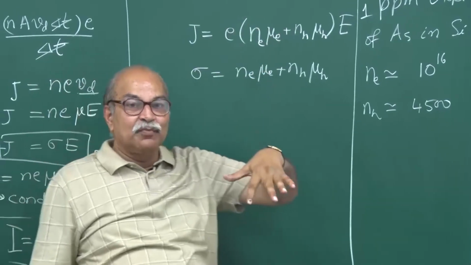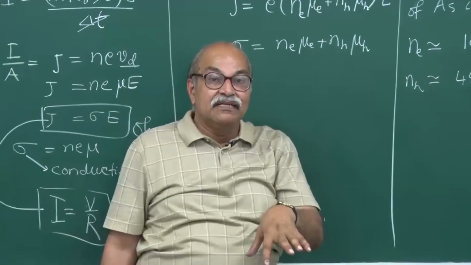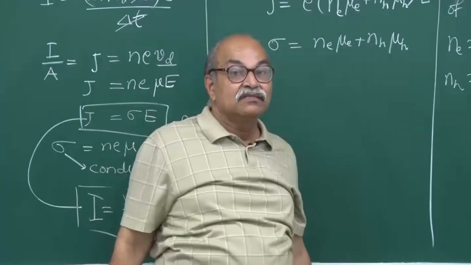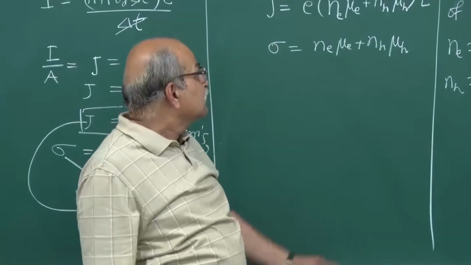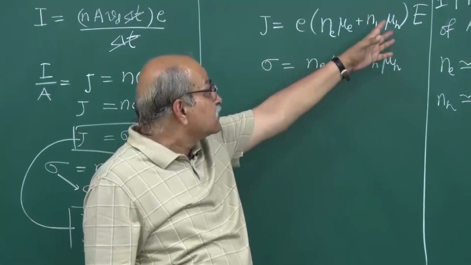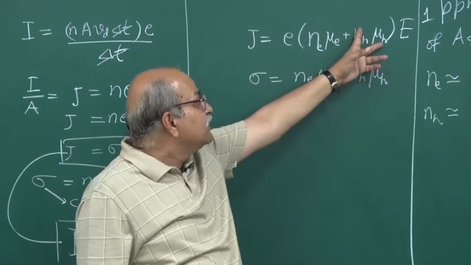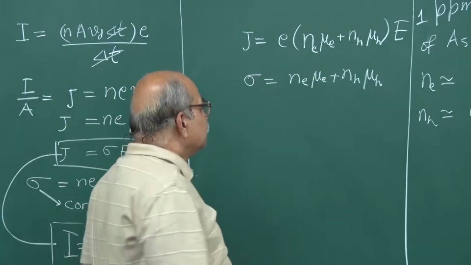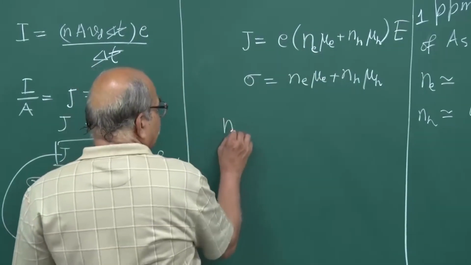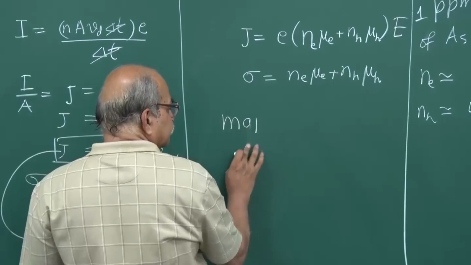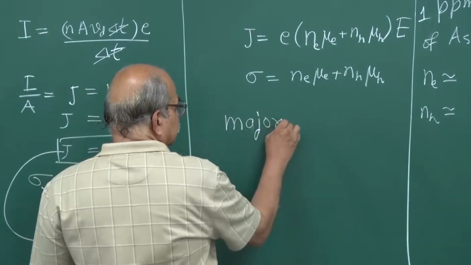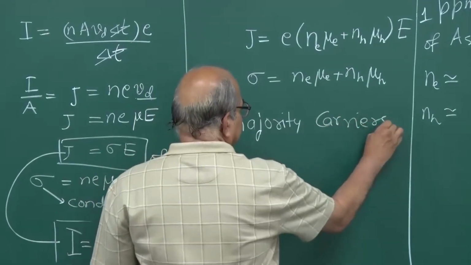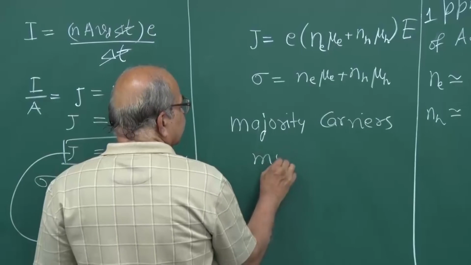And similarly, if you are doping trivalent impurity, then the hole concentration will be so high as compared to the concentration of electrons that only this will be effective and the other will be totally negligible. So we talk in terms of majority carriers and minority carriers.